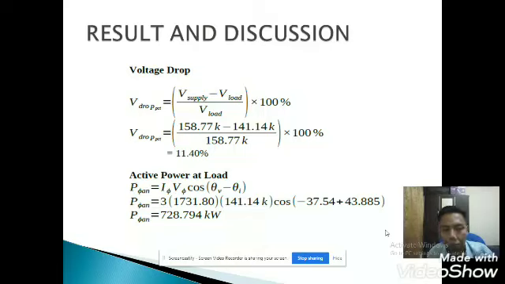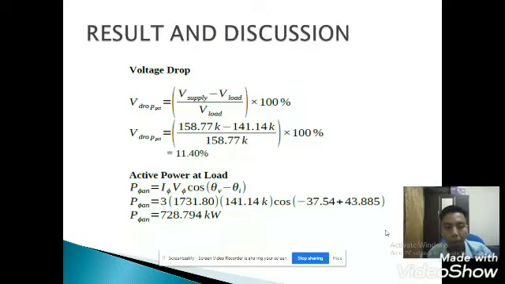So voltage drop is equal to 158.77 kilo minus 141.14 kilo divided by 158.77 kilo times with 100%. So it is equal to 11.40%.